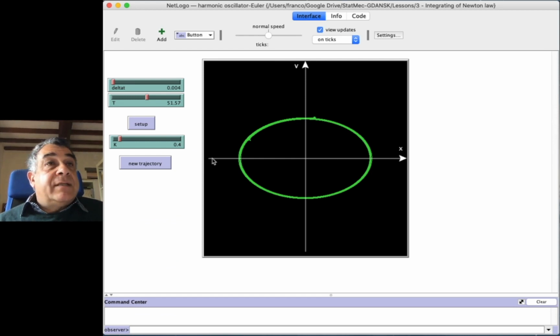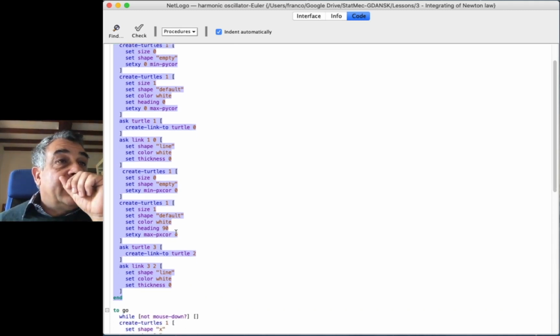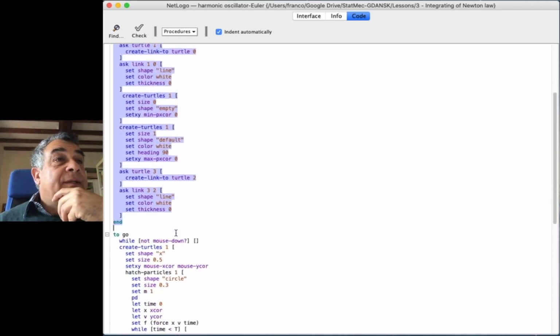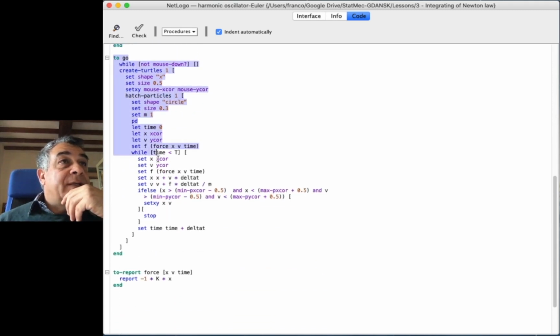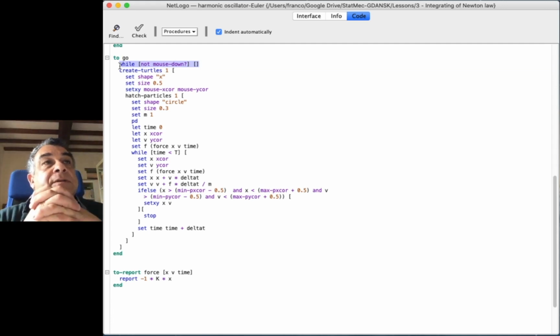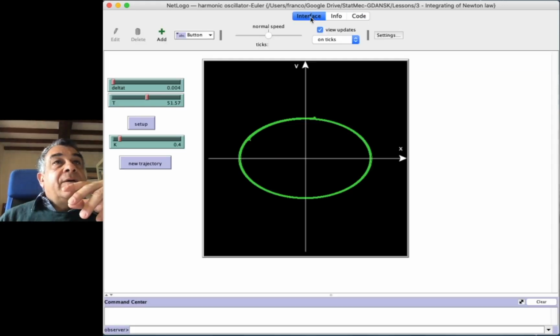Another possibility is having a turtle here, put pen down, and draw this up to here. But this is not really the important point. The interesting point is this one, where I wait here while not mouse down. Essentially, all this is waiting for a mouse down.